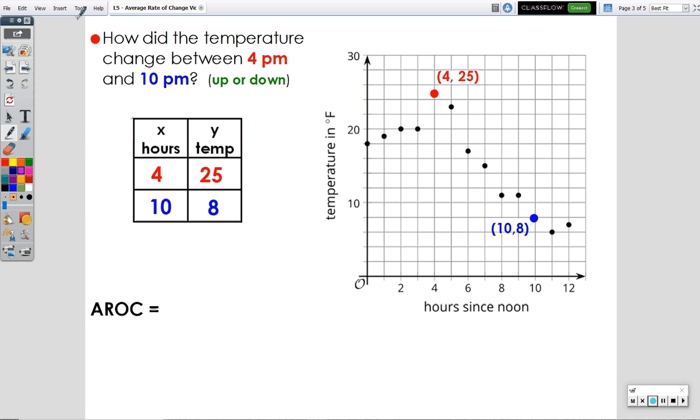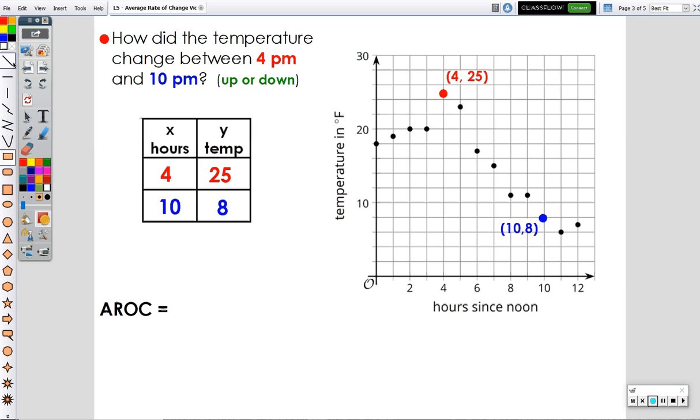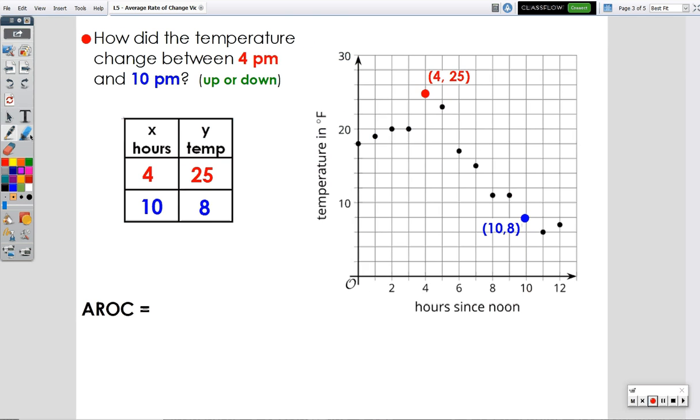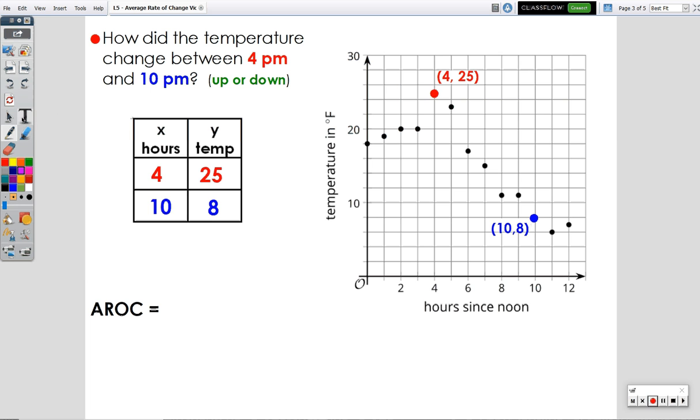Okay. In order for us to find the average rate of change, we need to look at these 2 points, kind of like our starting point and our ending point. And what we're going to do is find the slope that goes between those 2 points. Remember, slope is going to refer to our change in our x values and our change in our y values.